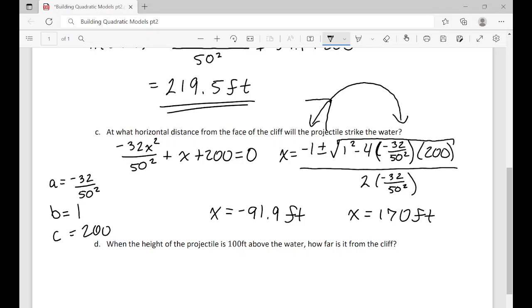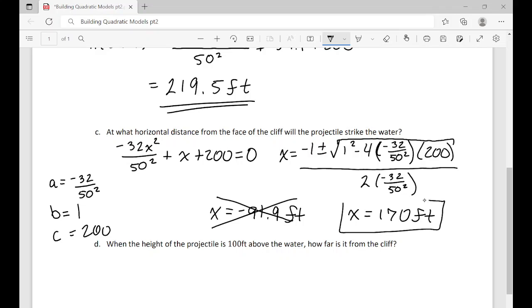So we don't like negative distances. We don't like negative time. So we can remove this as an answer. Whereas this, a positive 170 feet, that is good. So at what horizontal distance? 170 feet away from the face of the cliff is when it'll strike the water.